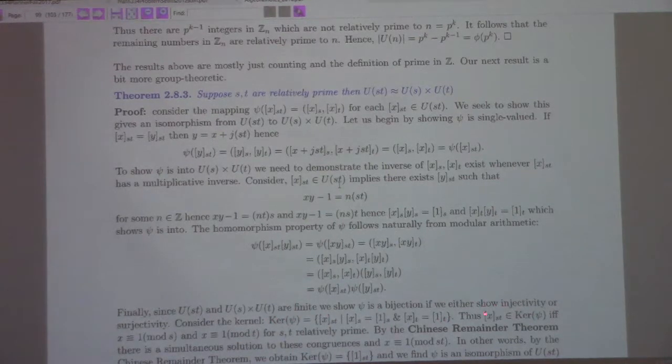X mod ST is in the kernel if and only if X is congruent to 1 mod S and mod T for S and T relatively prime. My point was that the Chinese remainder theorem says that there's a simultaneous solution to these congruences, and it is 1 mod ST.